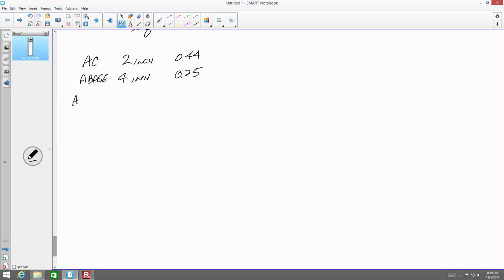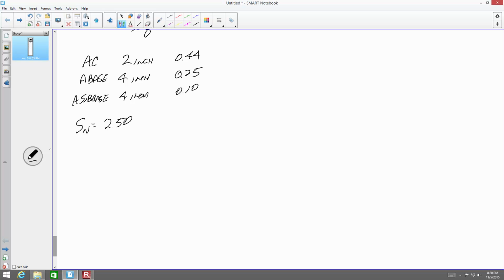You've got an aggregate sub-base that's 4 inches, has a coefficient of 0.1. The structural number you're looking for is 2.50.